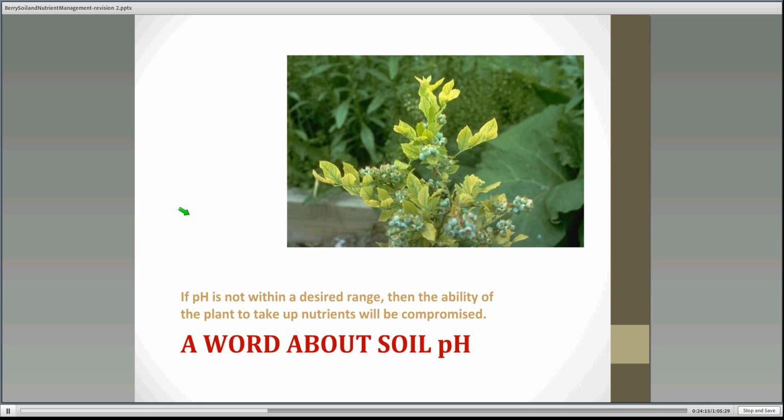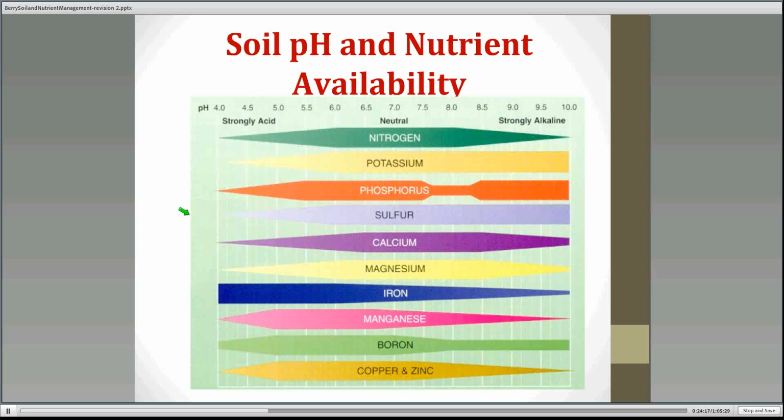So just a quick word about soil pH. If you look at this graph, it's one that probably you've seen before that indicates the availability of some major necessary nutrients for your plant growth and development. And it just shows the wider the band, the more available those nutrients are.